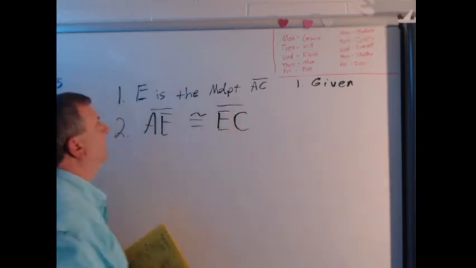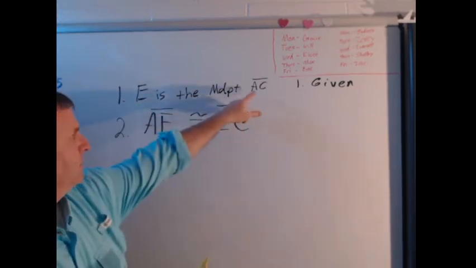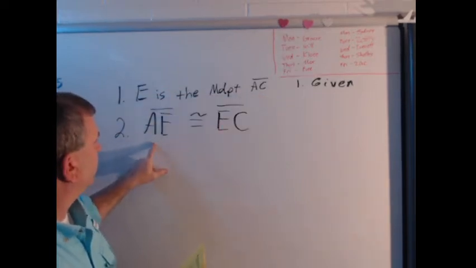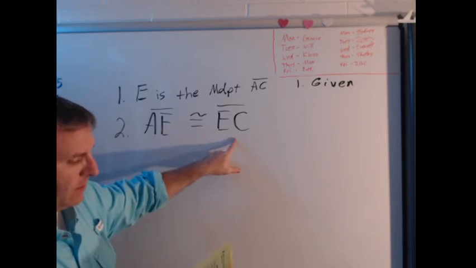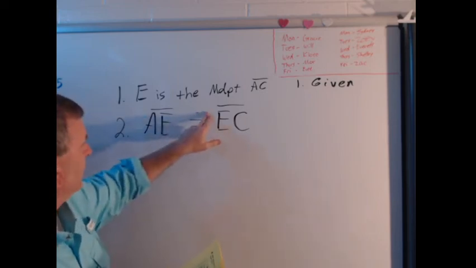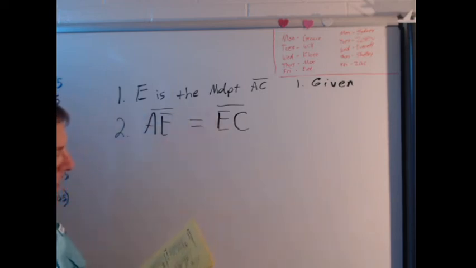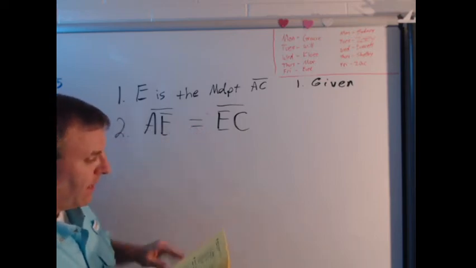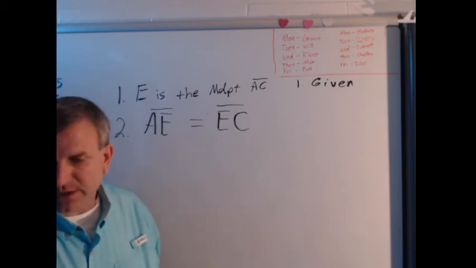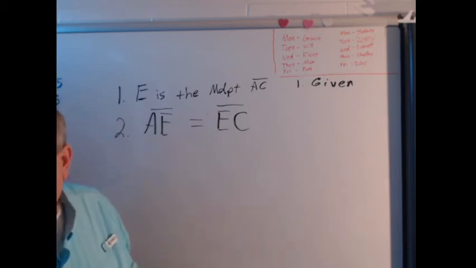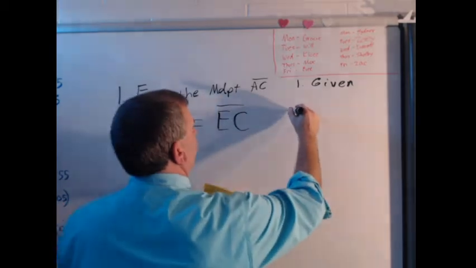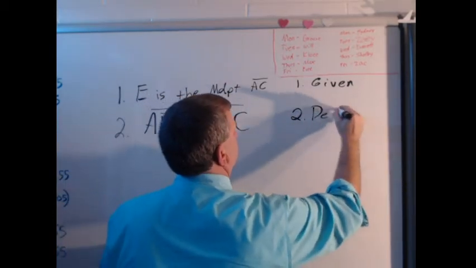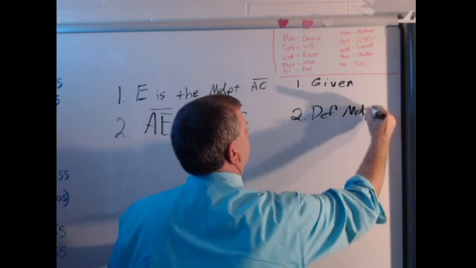Because if they're telling us this is a midpoint, then I know that this has to be congruent to that. Or actually, we can just make it equal. Because we're going to deal with what I just wrote in step 5. So all of this is just creating an argument. So now if I go to 2, then I know that this is the definition of a midpoint.